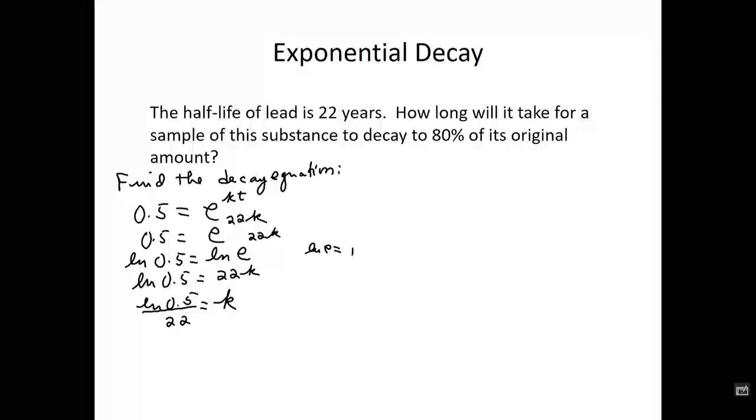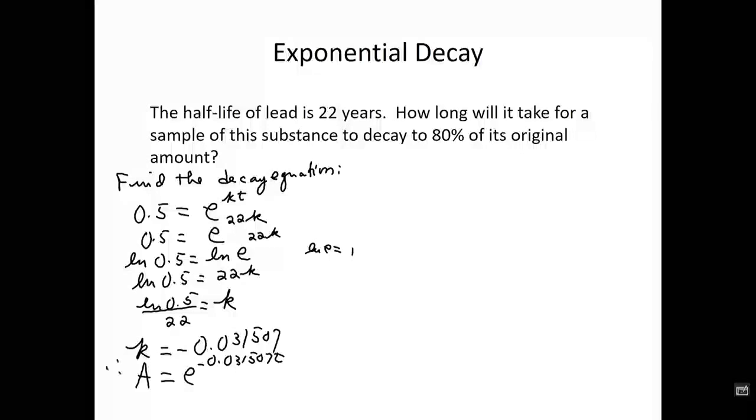All right, so this is all equal to k. And using your calculator, we get that k is a negative 0.031507. All right, so the decay equation then becomes A is equal to e to the kt. But k is a negative 0.031507 times t.